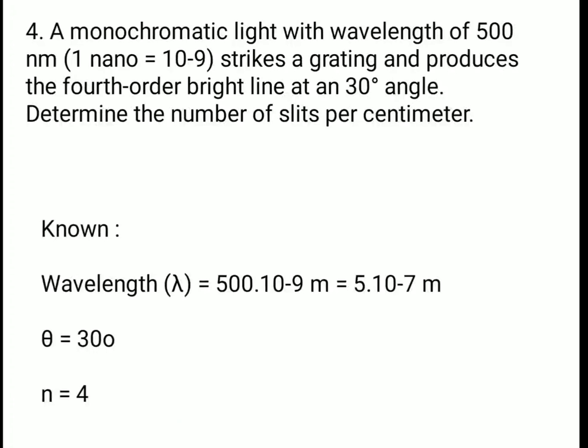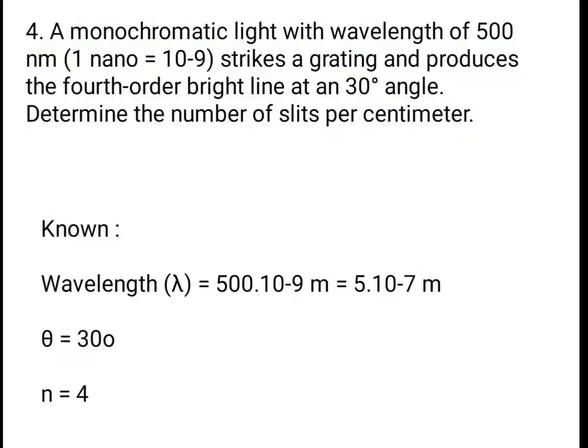And the next problem: a monochromatic light of wavelength 500 nanometers, where 1 nanometer is equal to 10 power minus 9 meters, strikes a grating and produces the fourth order bright line at 30 degrees of angle. Now determine the number of slits per centimeter.